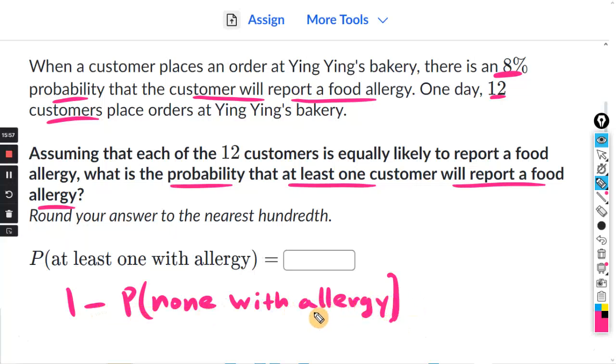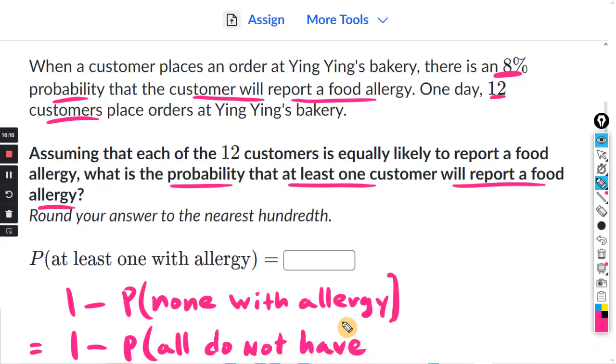And what does that mean? If we were to translate that, none with an allergy, that's 1 minus the probability that all do not have an allergy. All right? Always try to translate it if you can. None with an allergy means all of them do not have an allergy.